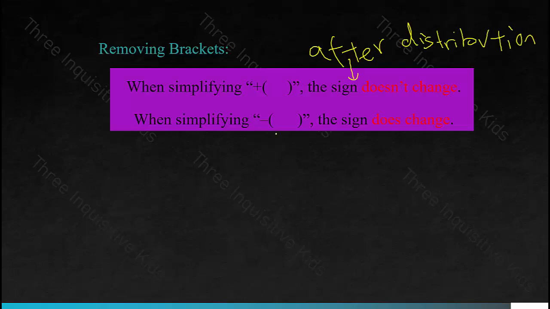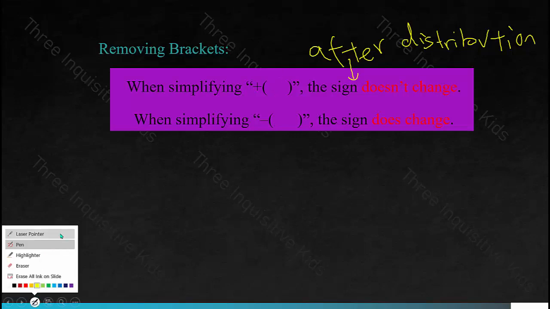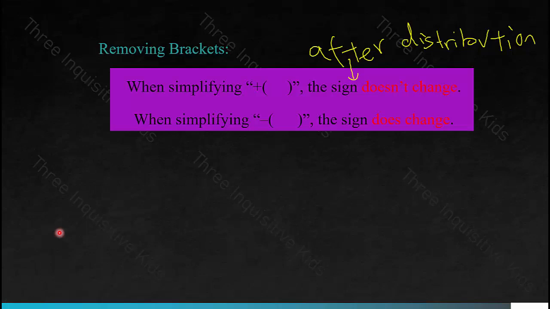But if it is negative, after distribution, the signs in the parentheses do change, because you're actually multiplying negative 1 to each of those terms in that parentheses, meaning that it has to switch its sign.